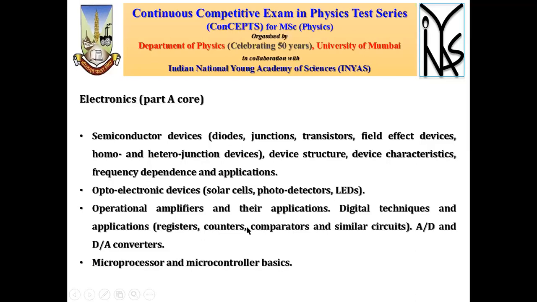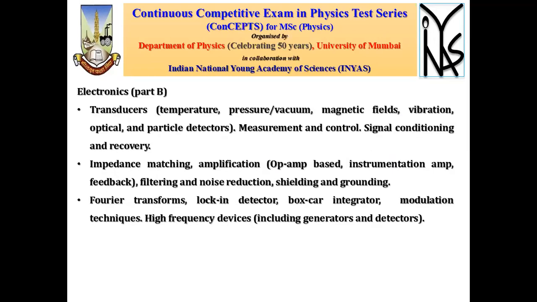Operational amplifiers and their applications. Digital techniques and applications, where we have registers, counters, comparators, and similar circuits. A to D and D to A converters, microprocessor and microcontroller basics. So this is a syllabus which is given by the UGC, CSIR NET.